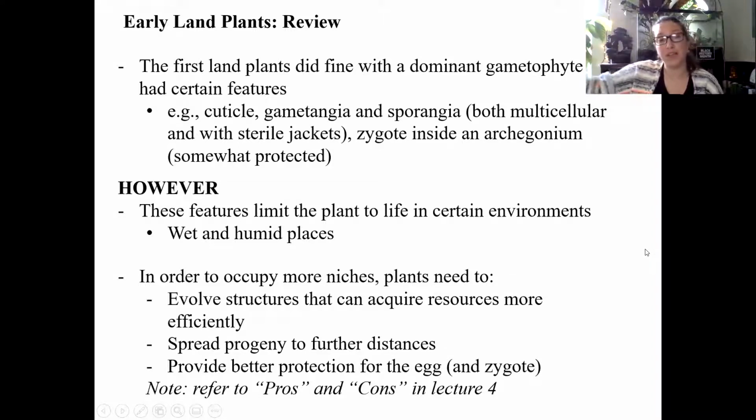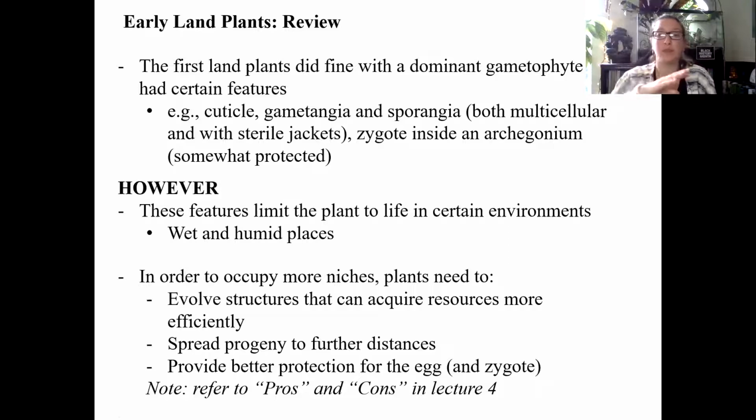But for plants to occupy more niches, they're going to need more complexity. And that's because they're going to need better ways to acquire resources, right? So it says here they need to evolve structures that can acquire resources more efficiently because they're going to need to spread their progeny to further distances. So progeny means offspring.